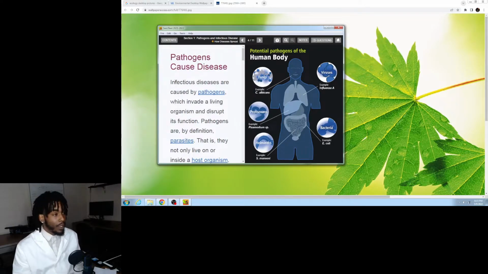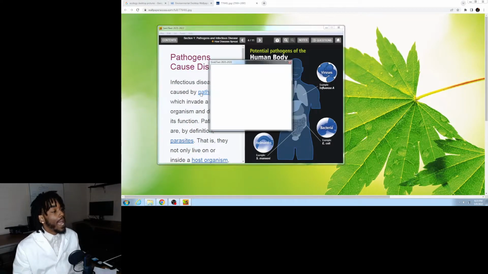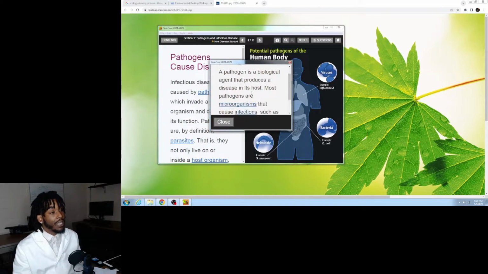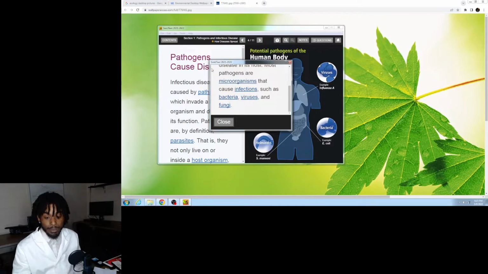But when we look up pathogens, a pathogen is a biological agent that produces a disease in its host. Most pathogens are microorganisms, which are small organisms, usually prokaryotes, that cause infections, such as bacteria, viruses, and fungi.